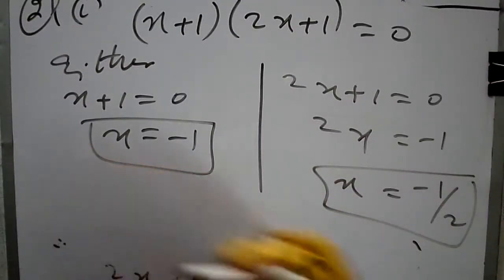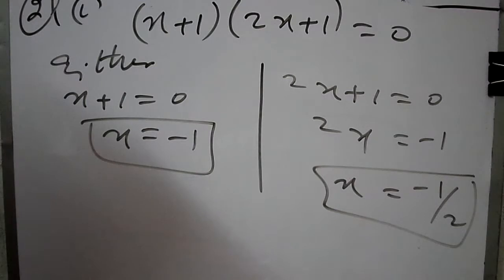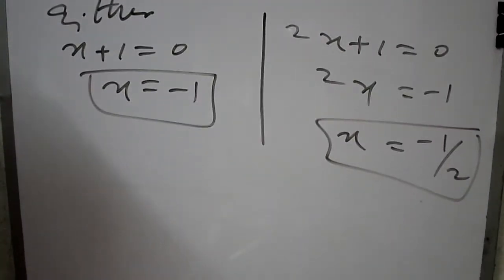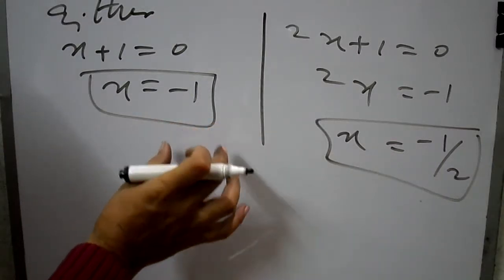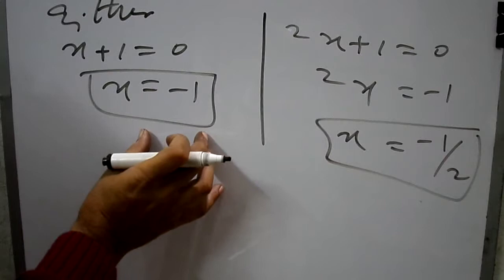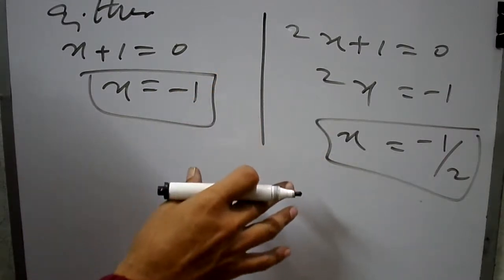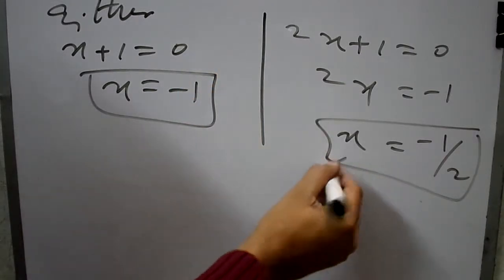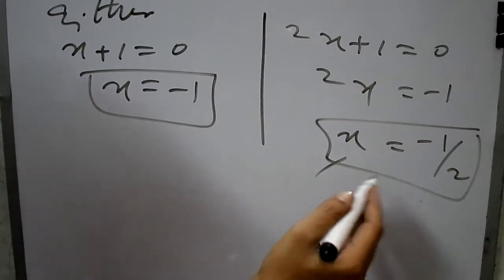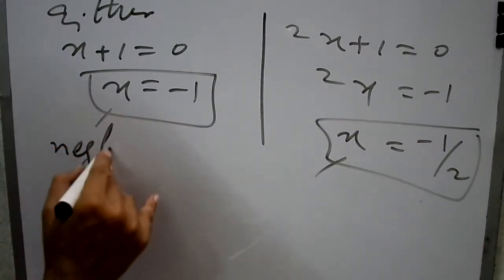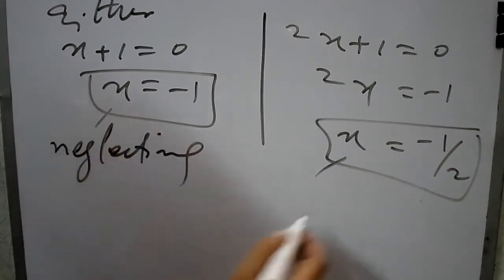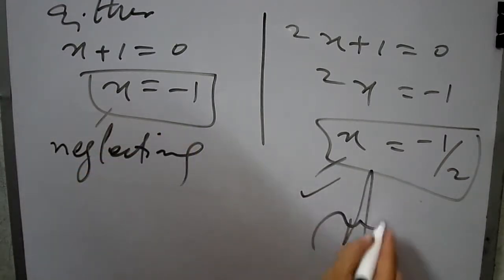So you can see here, if we put x is equal to minus 1 in the given equation, you can get the infinity, because in your given question, so neglecting this, only that is your answer, x is equal to minus 1 by 2.